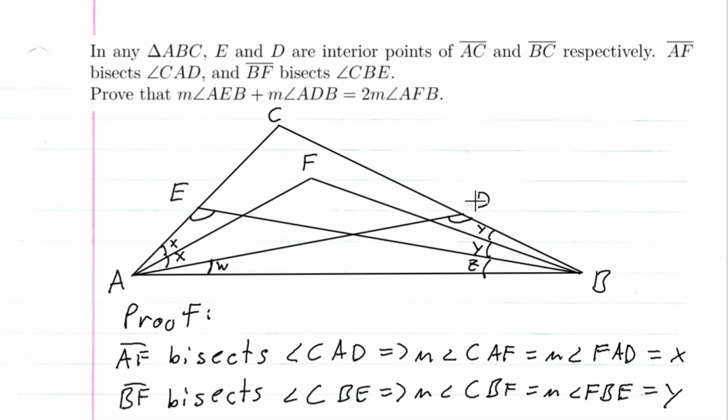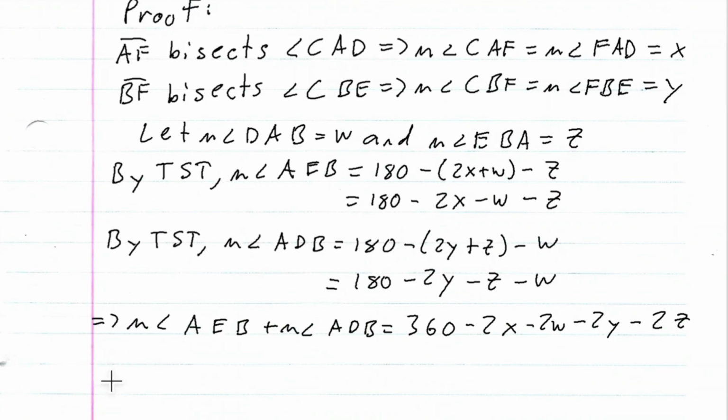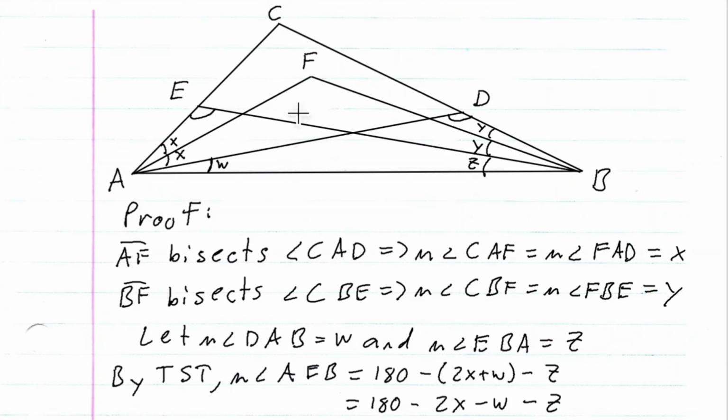Now we're going to look at 2 times the measure of angle AFB. By the triangle sum theorem, the measure of angle AFB is 180 minus (x plus w) minus (y plus z).